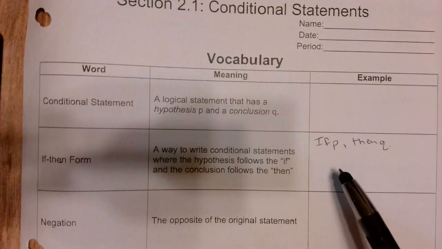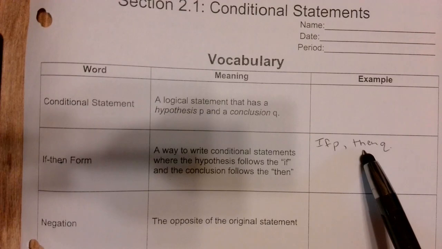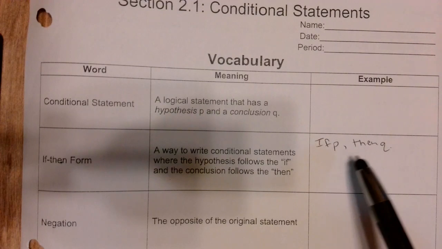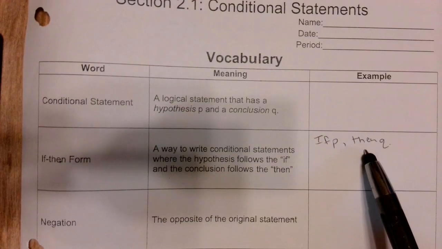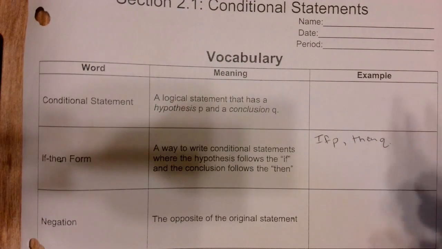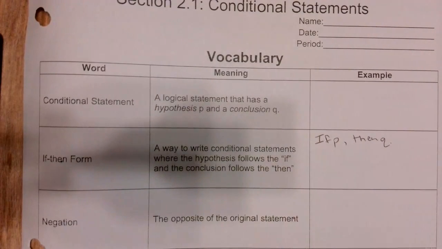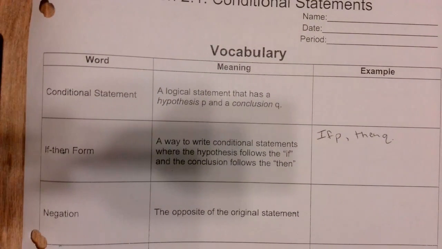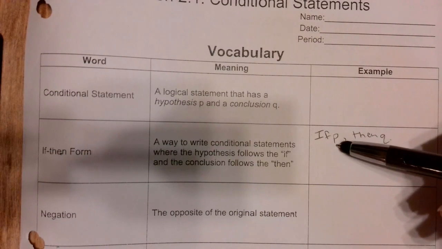Occasionally in English, we leave off the then. Say, if I study, I'll get an A. So the then is not always there, but it usually is, especially just for the simplicity of high school logic here. So if P, then Q. The first part, the P, is the hypothesis.